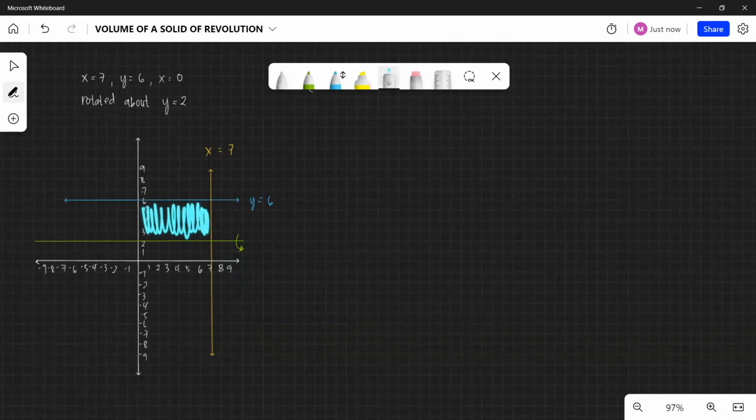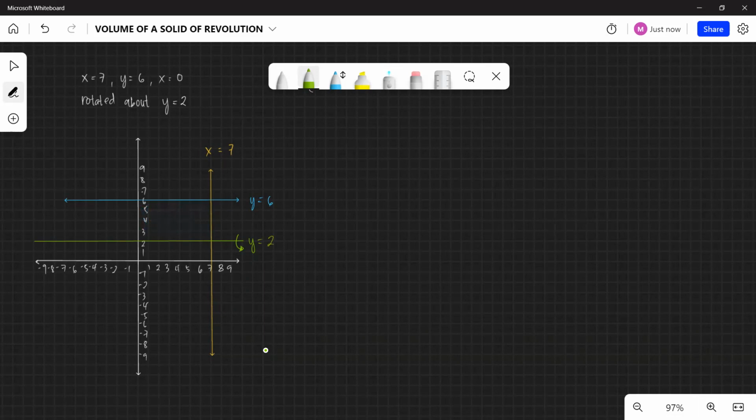So this area here. And then the axis of rotation is y equals 2. This is the axis of rotation, so just put an arrow to indicate it. This is y equals 2.